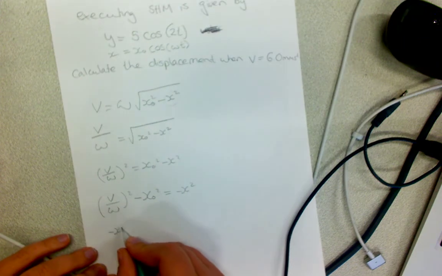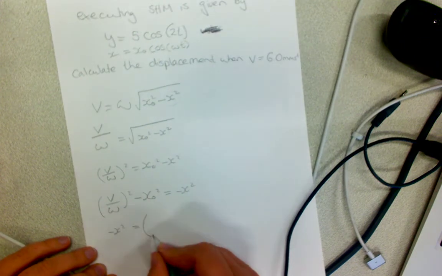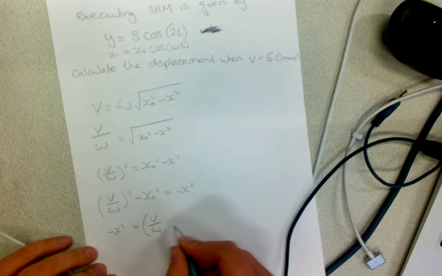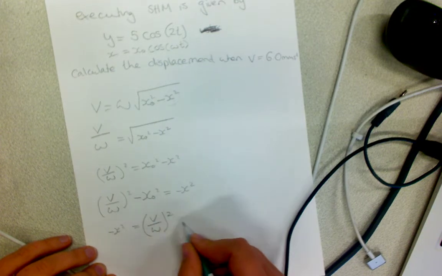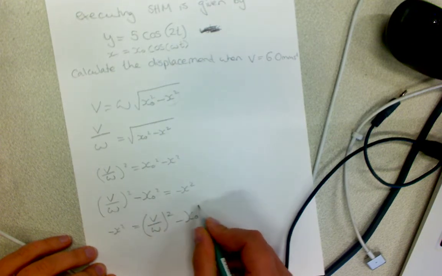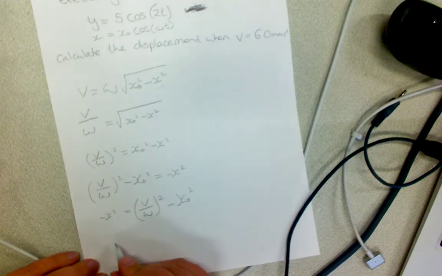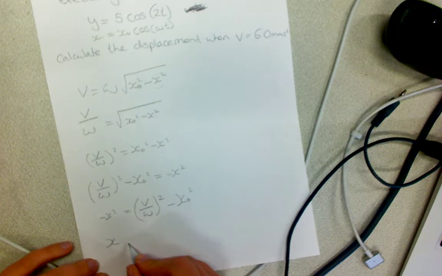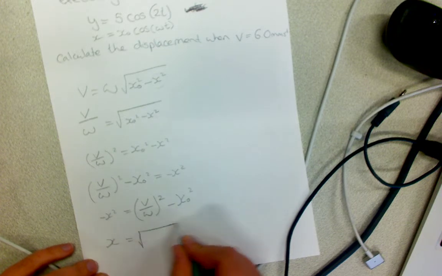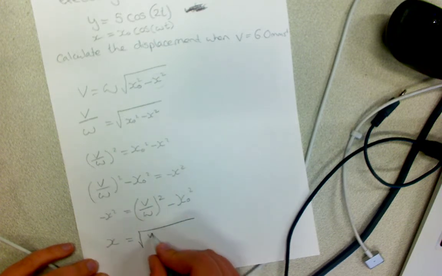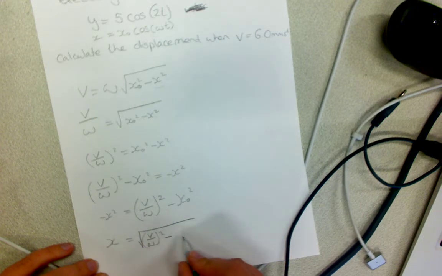So minus x squared is equal to v over omega all squared minus x naught squared. So I've just flipped the way that I've put that to make it easier. And lastly, we want to get x. So x is going to be equal to the square root of all of this. So v over omega all squared minus x naught squared.